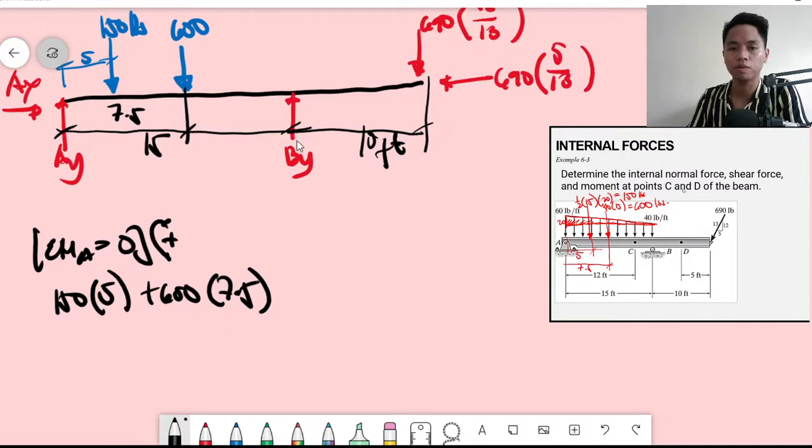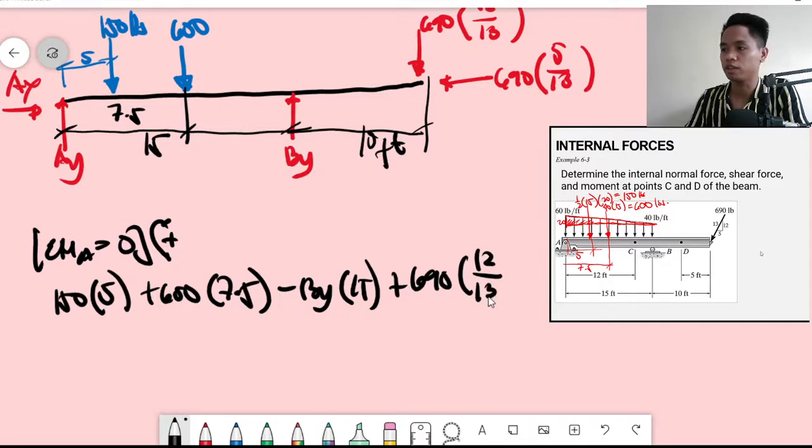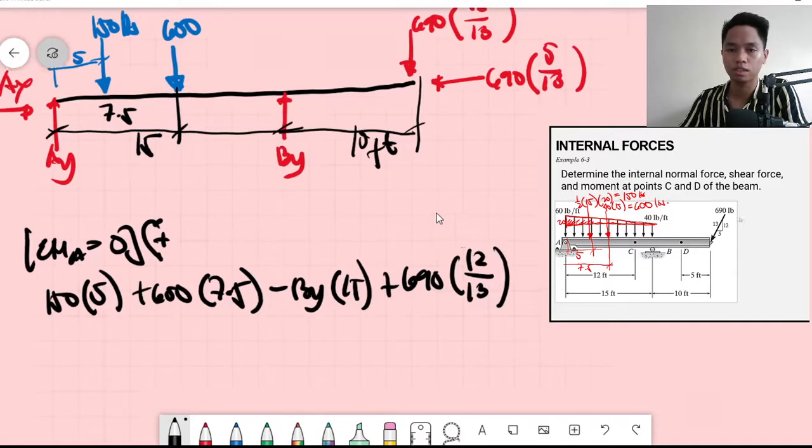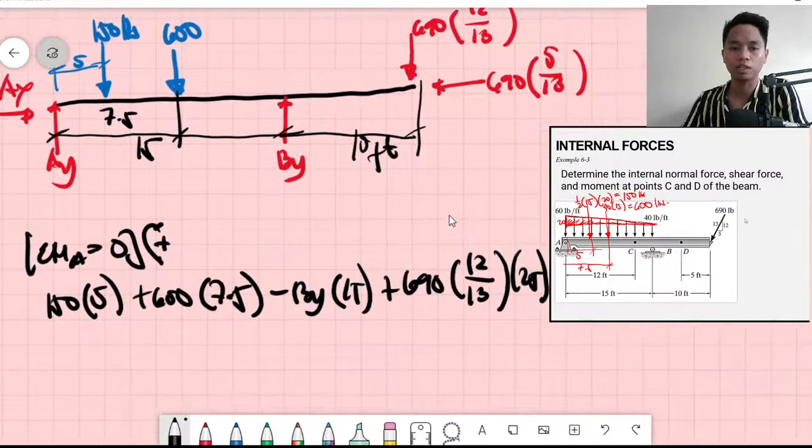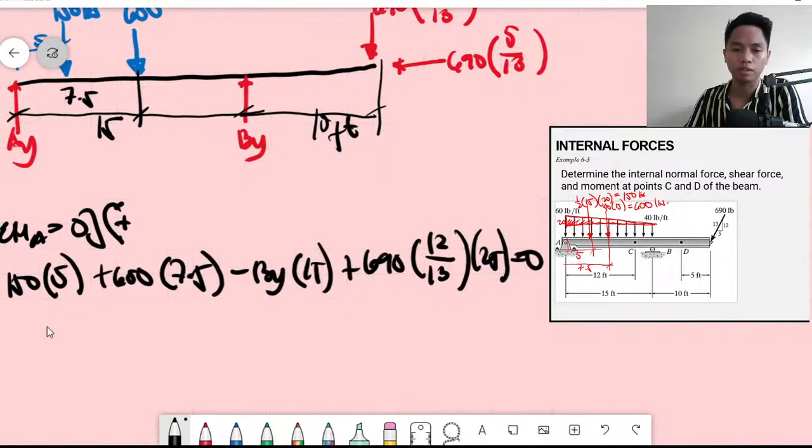Then BY is a negative moment, with a moment arm of 15, plus 690 multiplied by 12 over 13. The moment arm is 15 plus 10, that should be 25, and that should be equal to 0. So from here we can already solve for the value of BY.